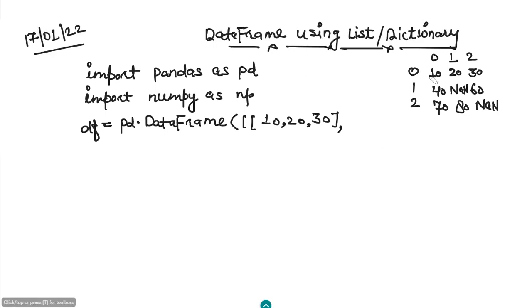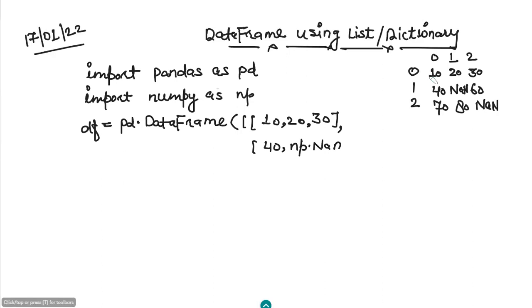And create the second row that is index 1, which has only two elements. And now how will we insert null values? Just call the nan attribute from the numpy library, np.nan.